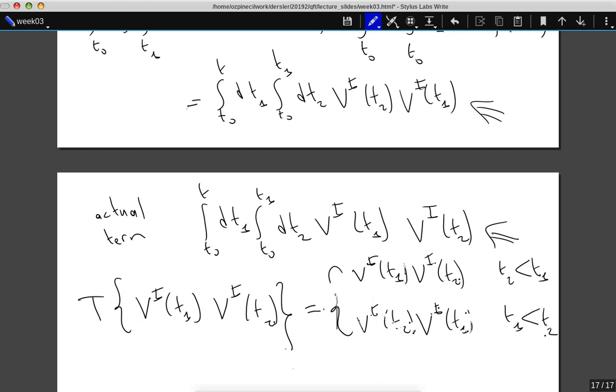This is what we call the time ordering operator. We do multiply the operators, but in such a way that the operator that has the earlier time acts first.